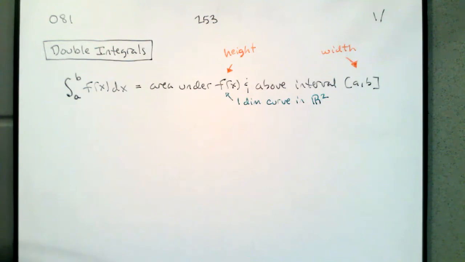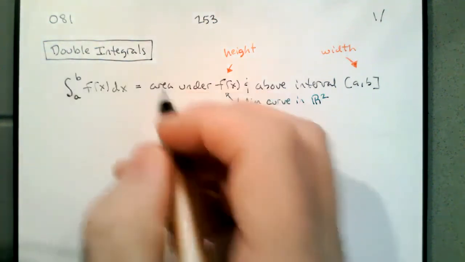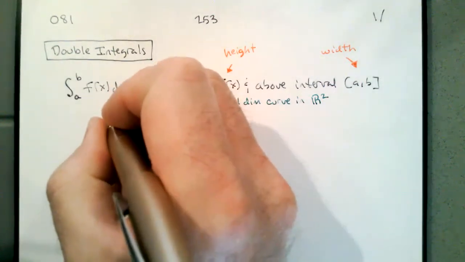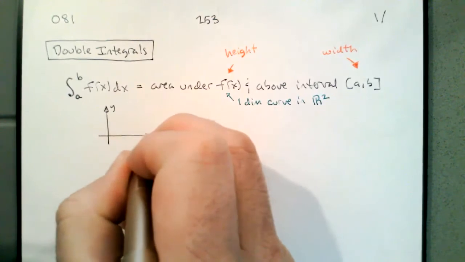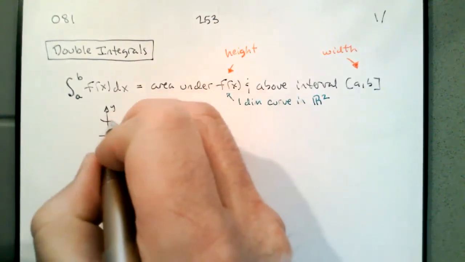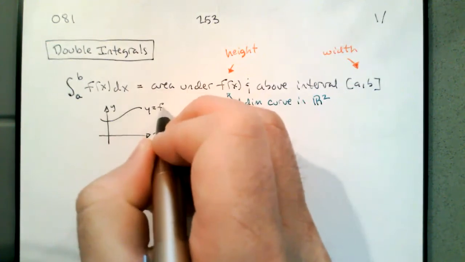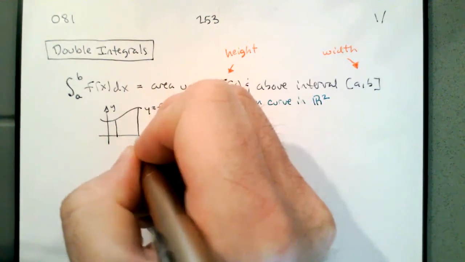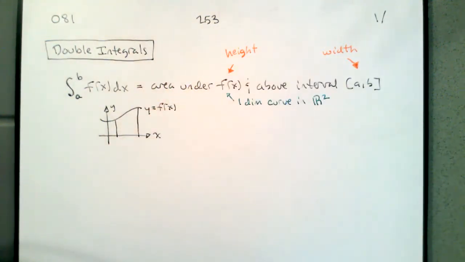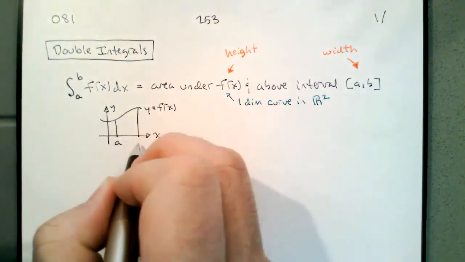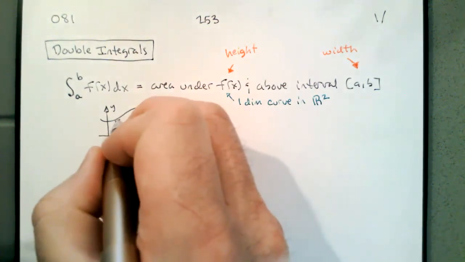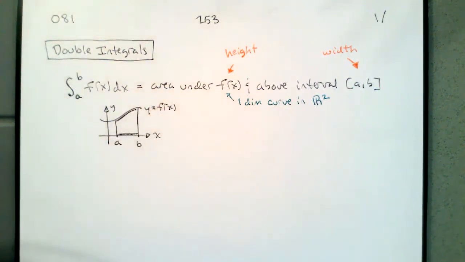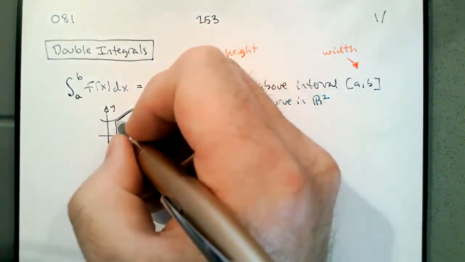So where a function of a single variable, once again, we've got our function up here, and we're finding the area under the curve and above the interval. Those are our boundaries on this little area.